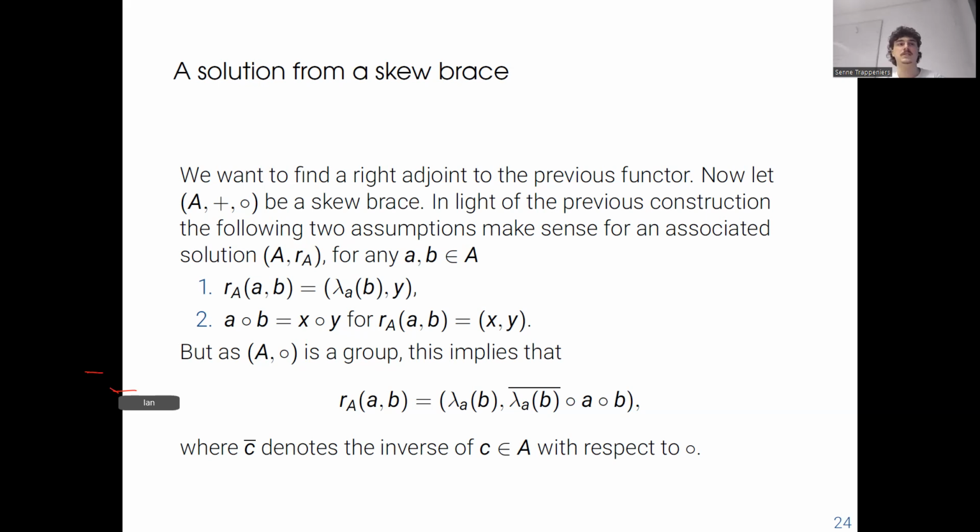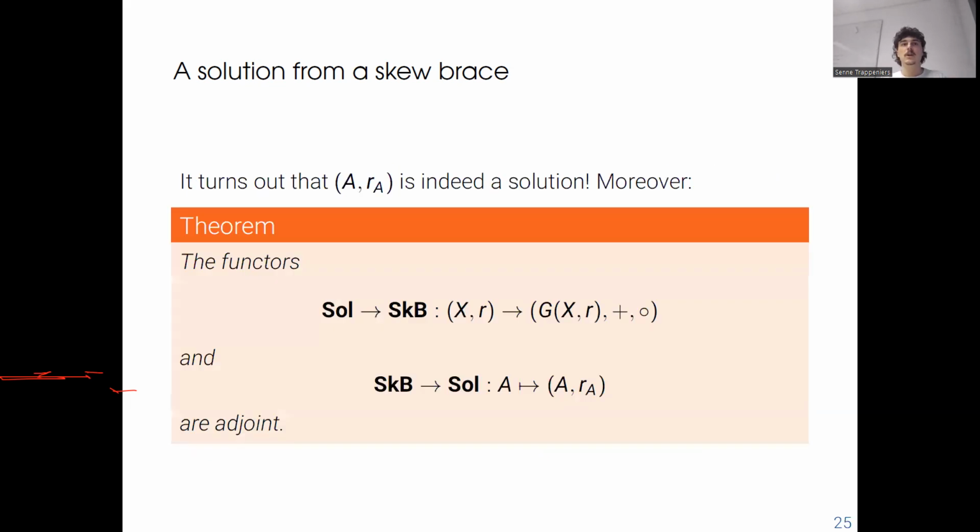Okay, so these are things following from the natural assumptions that we had. Of course, it's not clear at first whether this is a solution of the Yang-Baxter equation, but it turns out to be. Moreover, it does satisfy the property that we want. It's a functor, and it's going to be right adjoint to the functor associating to every solution its structure skew brace.